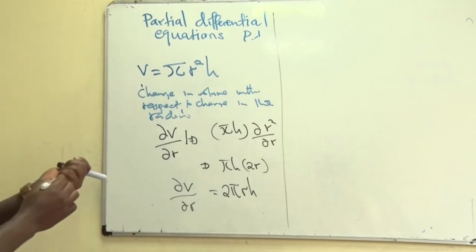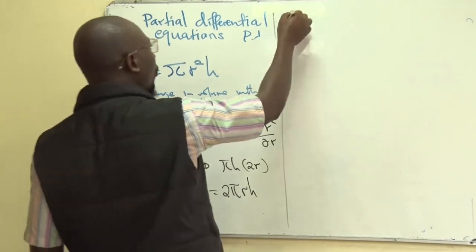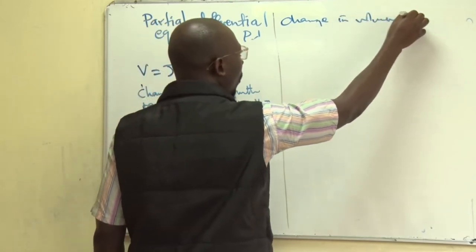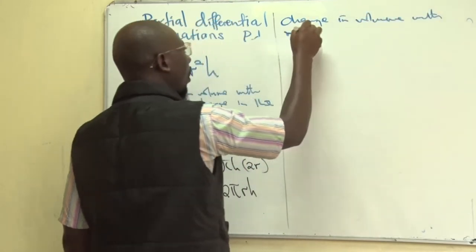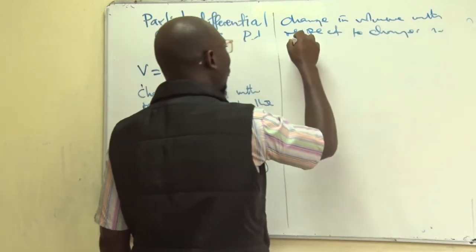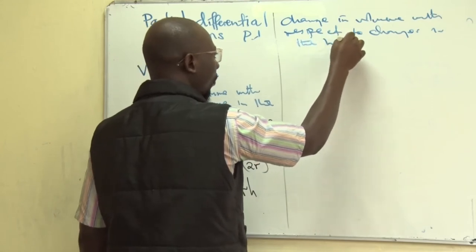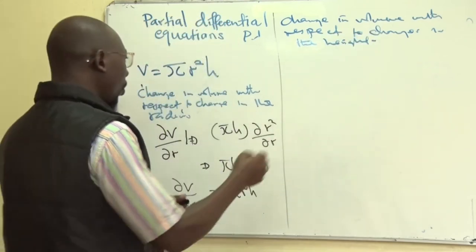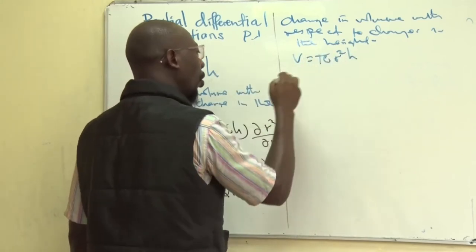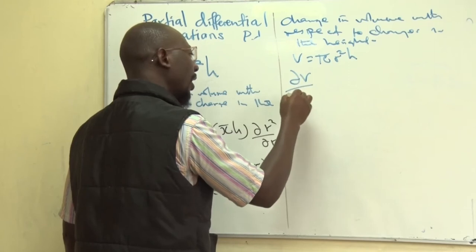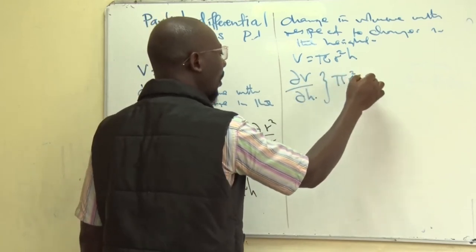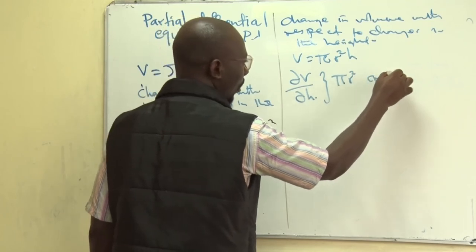A second case that we can demonstrate is change in volume with respect to change in the height. We know that volume is given as pi r squared h. So in this case, pi r squared is treated as a constant.